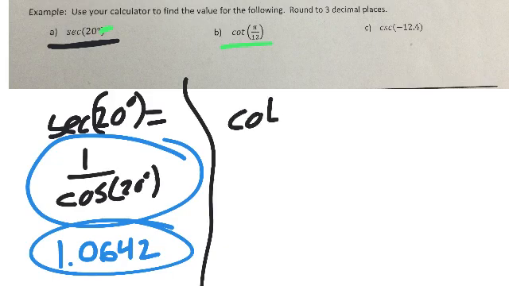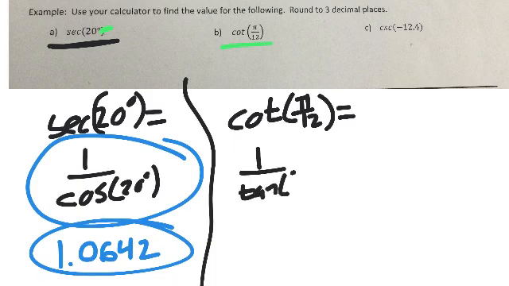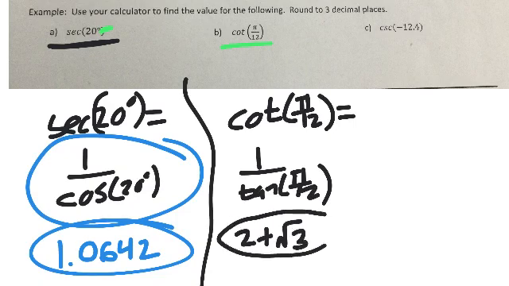So I know cotangent is the reciprocal of tangent. So I'm going to put 1 over tangent of pi over 12 in my calculator. And this one's going to be a little bit prettier, I think, right? What'd you get as an answer? You got what? 2 plus radical 3.